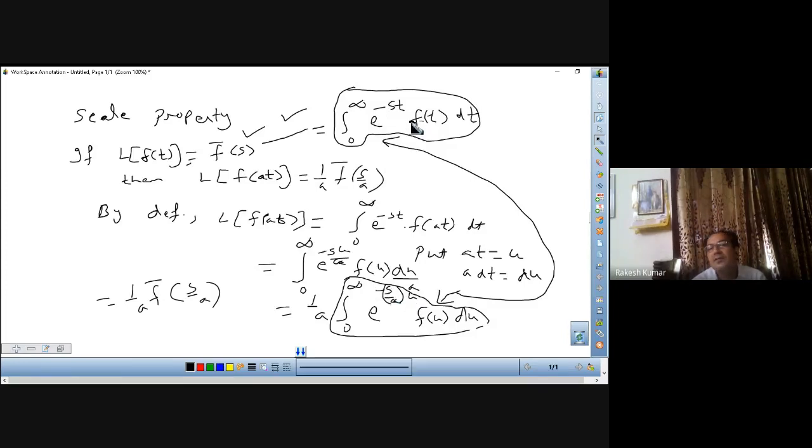If the coefficient of t is s, we write m bar s, and if the coefficient of u is s by a, we write m bar s by a. Now this is the same value we need to get here by change of scale property. So this is the proof of change of scale property, which we can use in the forthcoming questions.